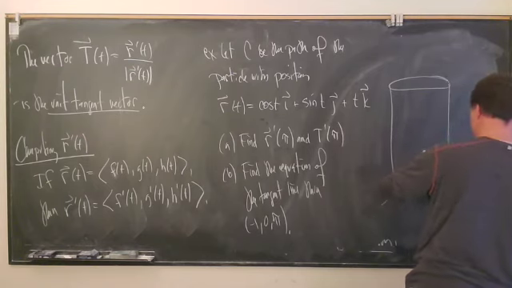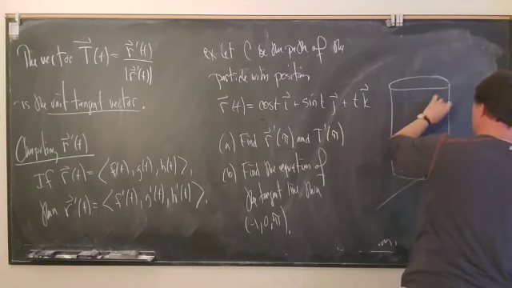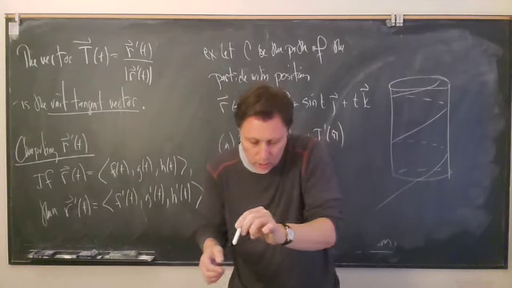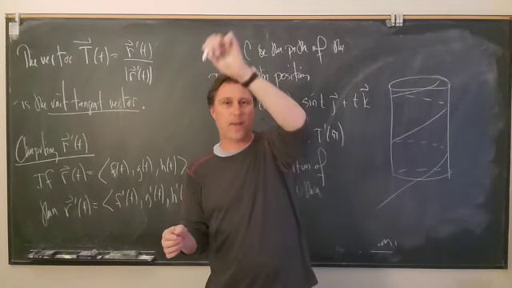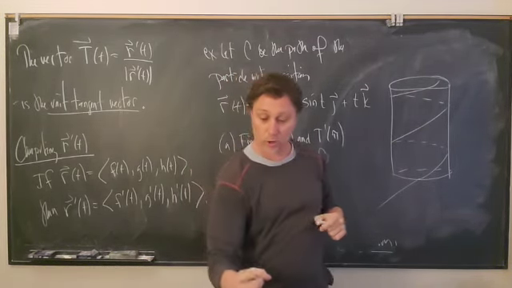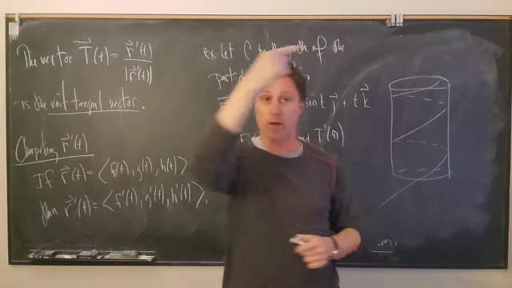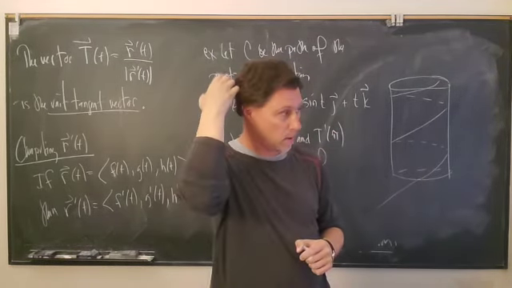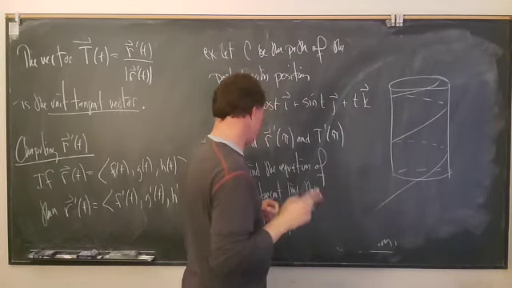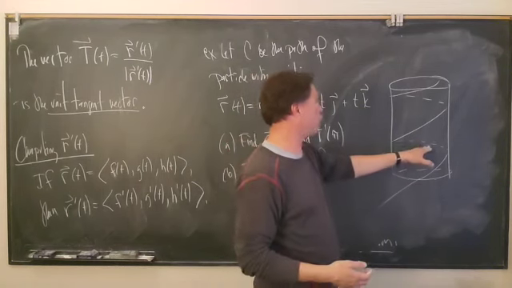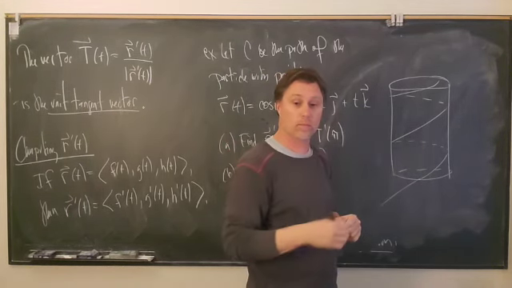I want you to think of it this way. You've got a particle, you're going around in this spiral, right? So now you start like this, and you go around, and you keep going around. At t equals pi, you've gone exactly half of a revolution, so you're going to be right in the back.